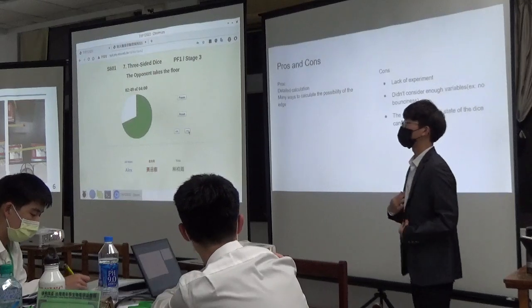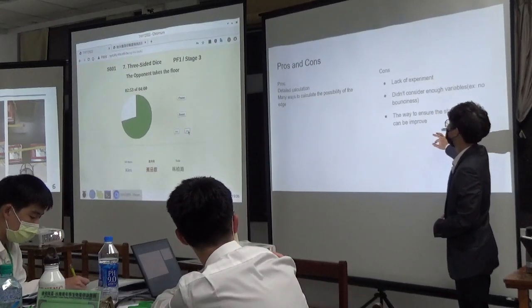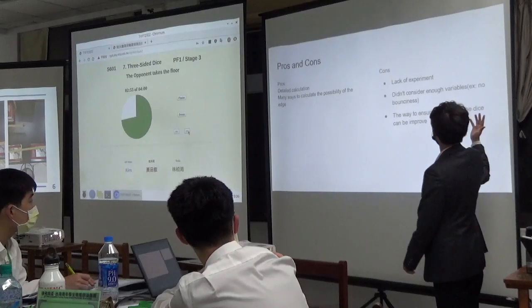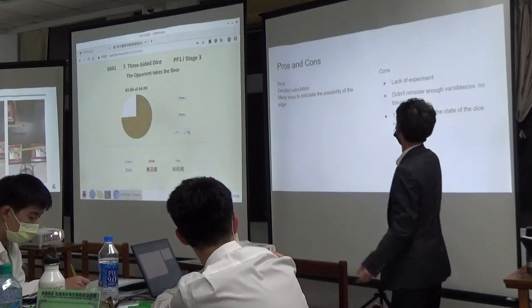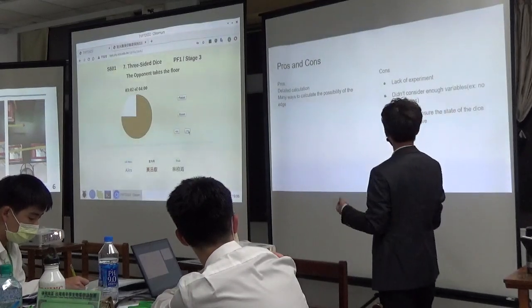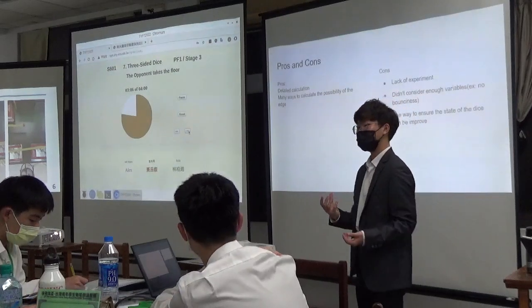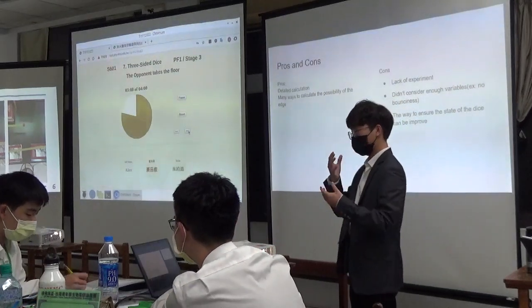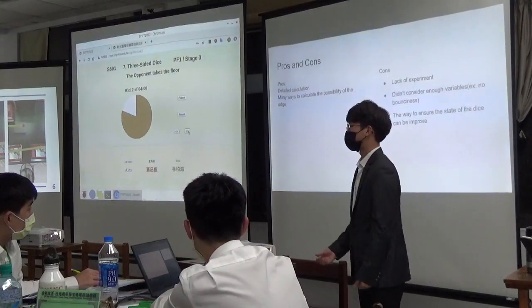So the way we fix both these problems, like the lack of experiment and ensuring the state of the dice, is that we simulated the dice in programming environments.